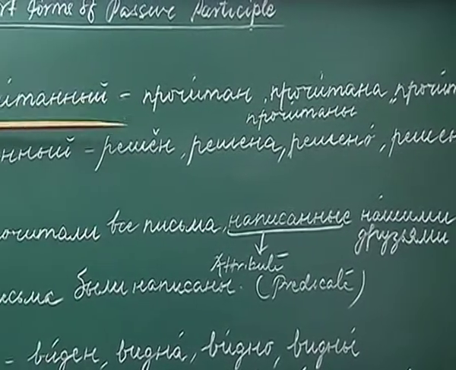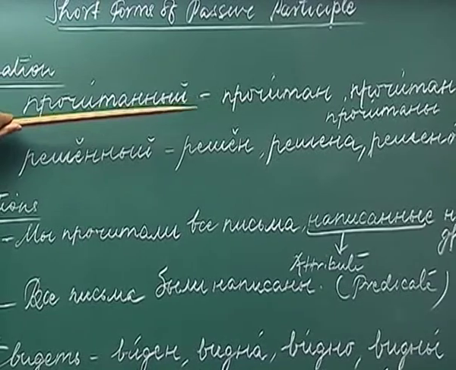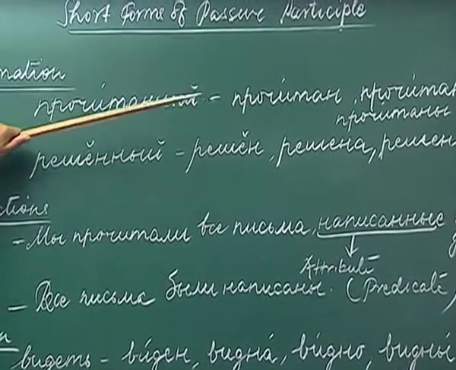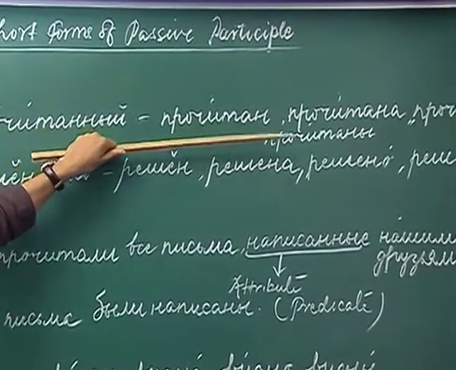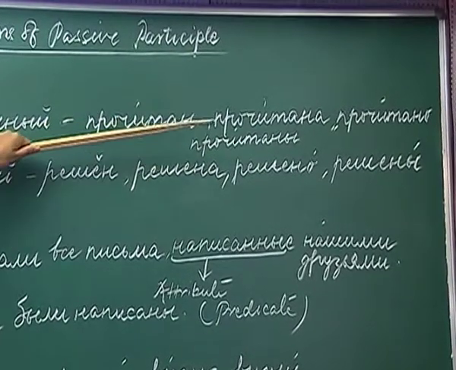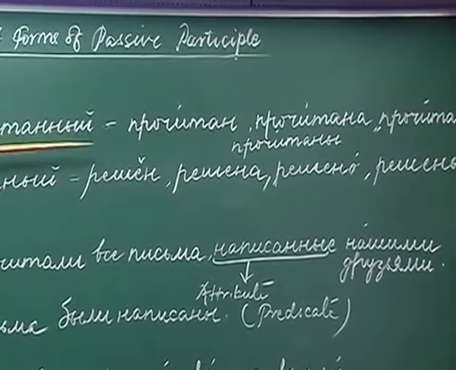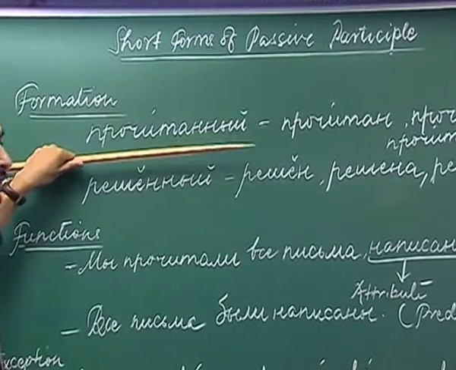But if the passive participle has the ending other than yoni, the short forms will have the stress on the same syllable as in the passive participle, as in the full form of passive participle.